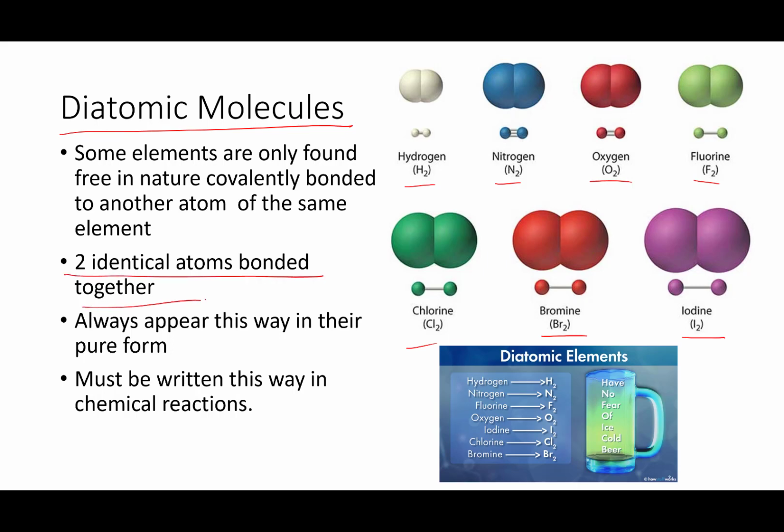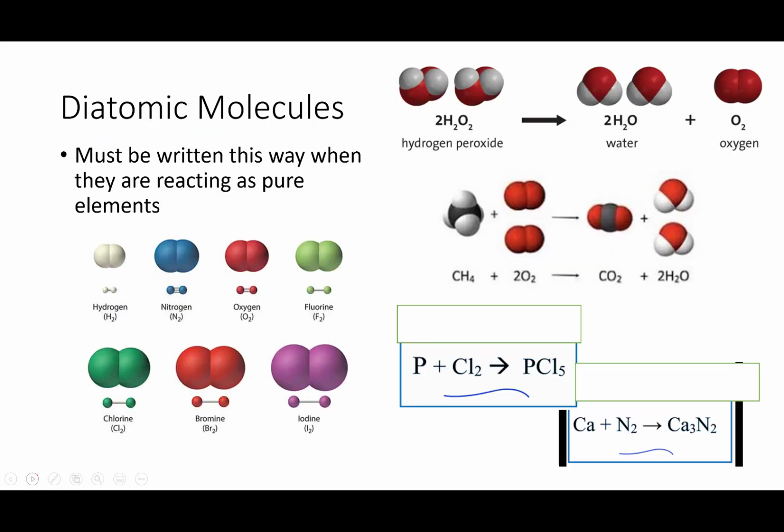They must be written in their diatomic form if they're going to be in their pure form in a chemical reaction. So, for example, hydrogen peroxide, when it decomposes into water and oxygen, you do not write O, you write O2. When methane burns with oxygen, you don't write O, you write O2.